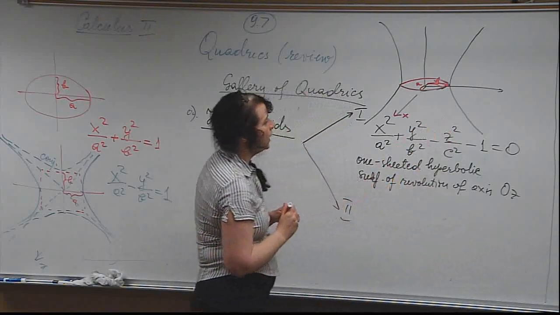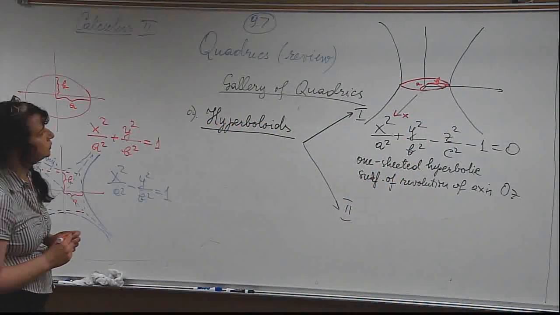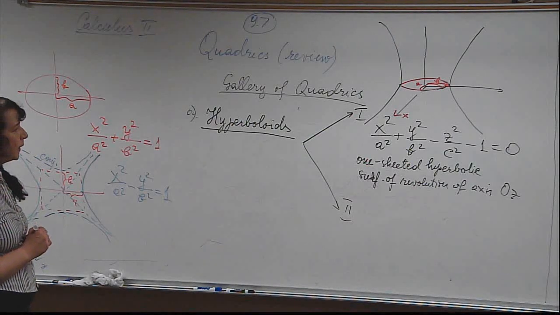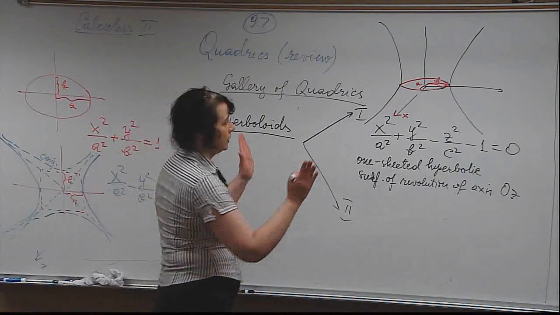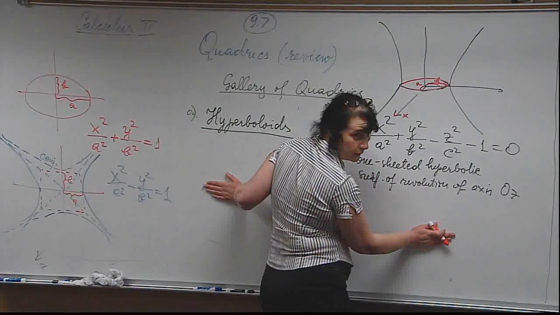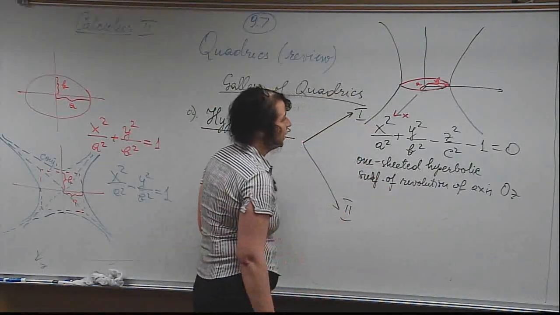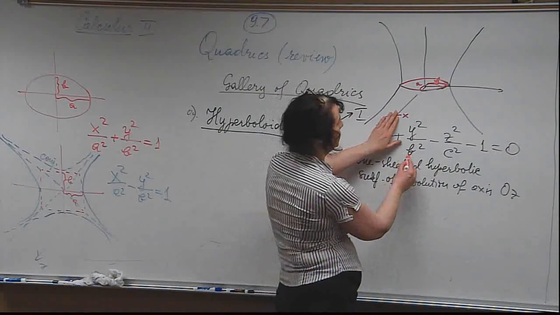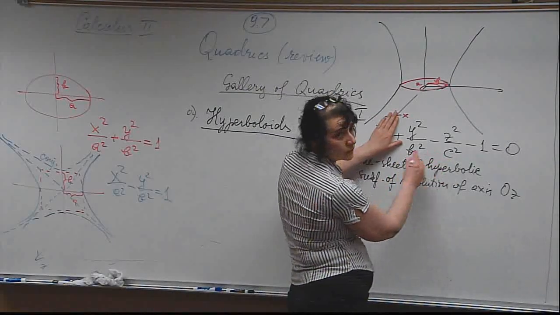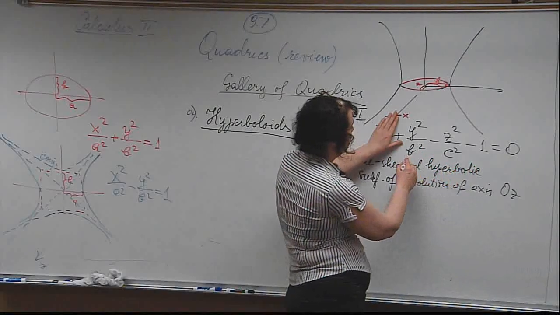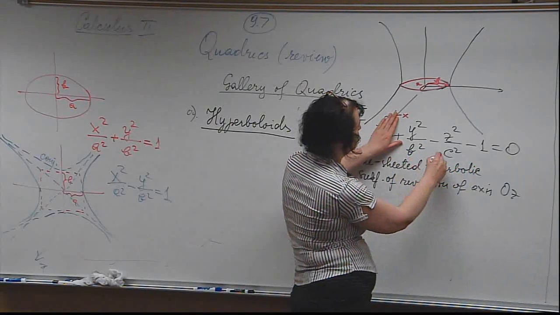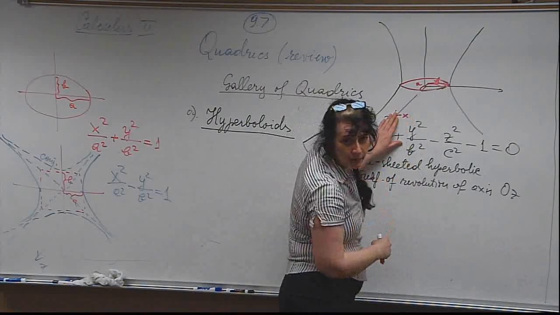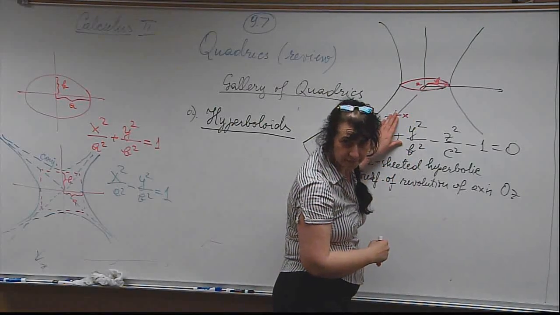But now you say, wait a minute, I would like to draw the cross-section that corresponds to x equals 0, and that should be in the plane of the board. So if you set x to be 0, then you have the standard hyperbola based on semi-axes b and c. Now b, you believe me. But c, you don't believe me at all because you cannot see.